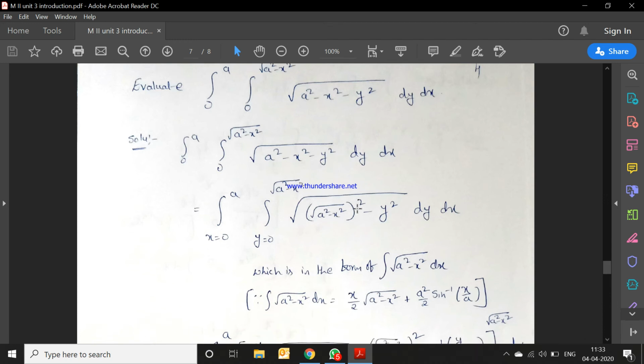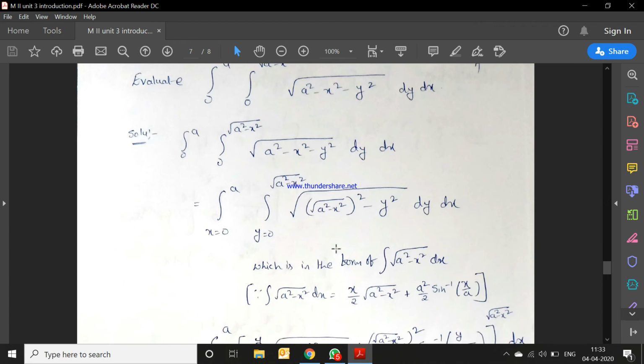Why I write like that? It is in the form of integral under root of a square minus x square dx. We have a formula x by 2 under root of a square minus x square plus a square by 2 sin inverse of x by a. So that's why I write this term as under root of a square minus x square whole square. Here root and square cancel, again we get the same function.